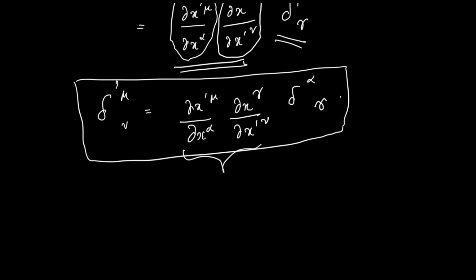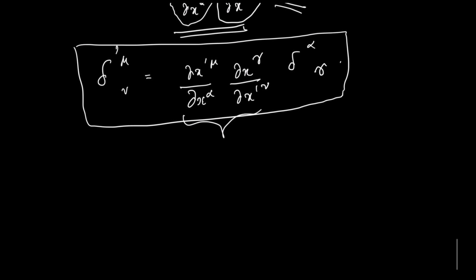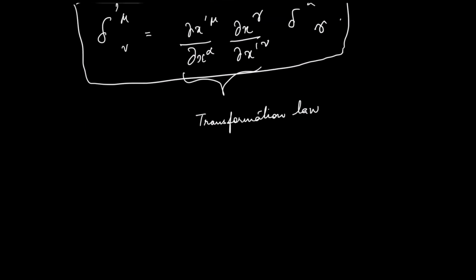So this shows that the Kronecker tensor transforms as a mixed tensor of rank 2 under the transformation law. Thus, it is a mixed tensor of rank 2.